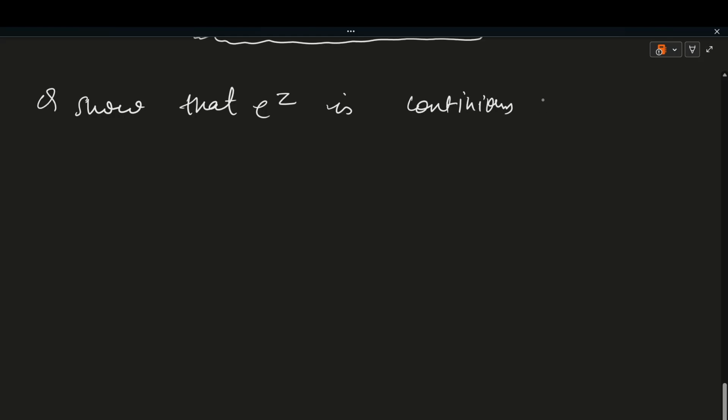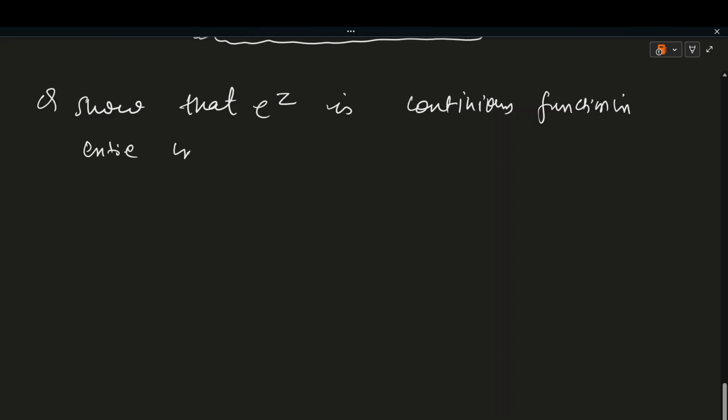Then what we can do? The question is to show that e to the power z is a continuous function in the entire complex plane.